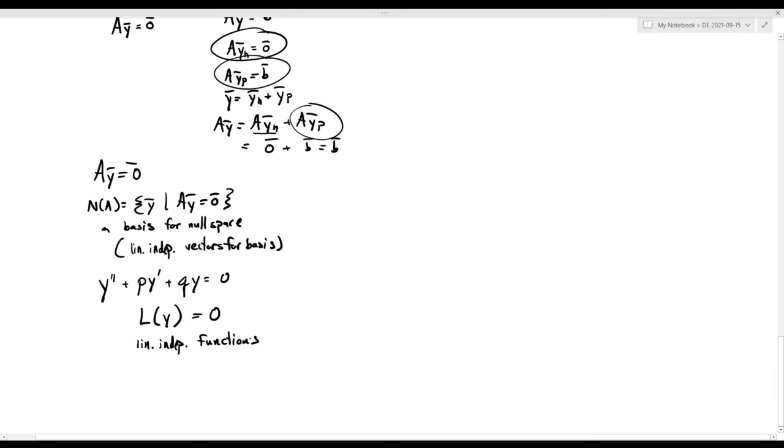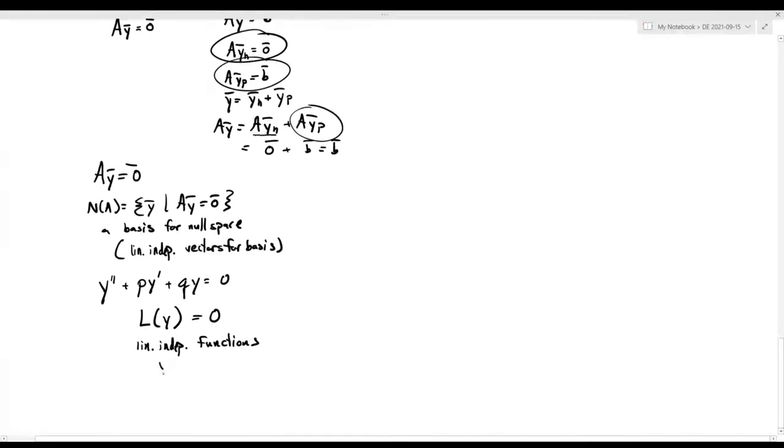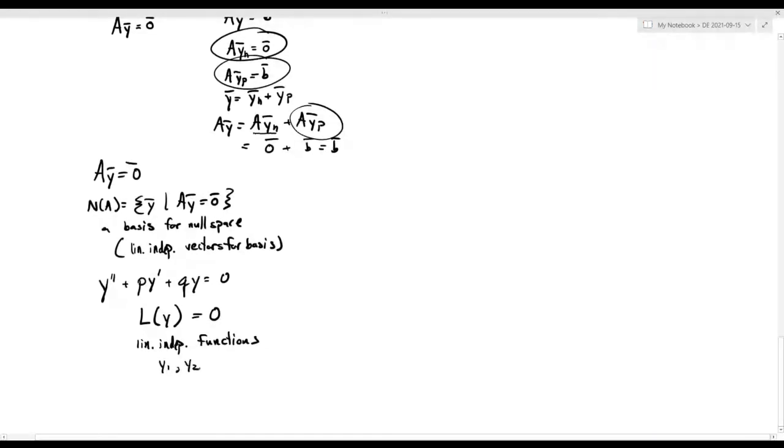And generically, I guess we might as well say that we're going to have a two-dimensional null space. So in the sense that we're going to try to find two linearly independent functions which satisfy that equation.